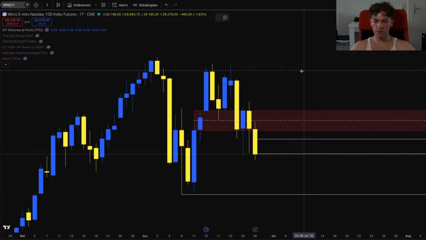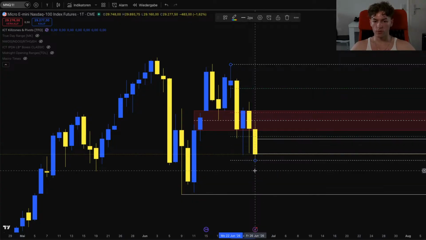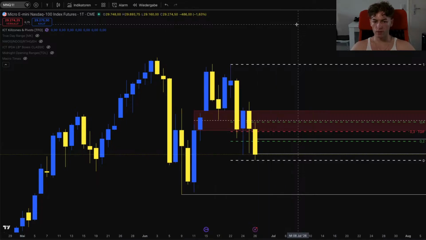What is TGIF? If you measure the high to low of the entire week, it's reasonable to expect price to retrace back into the range. Where can it retrace back into? A 20 to 30% retracement.